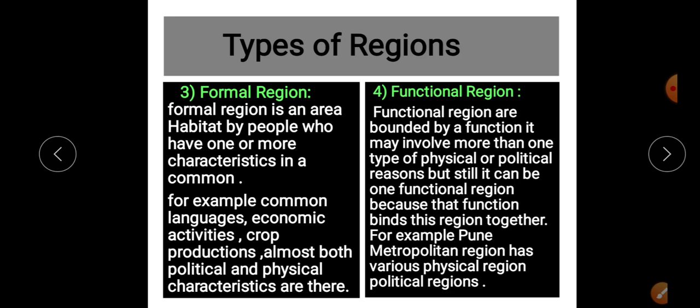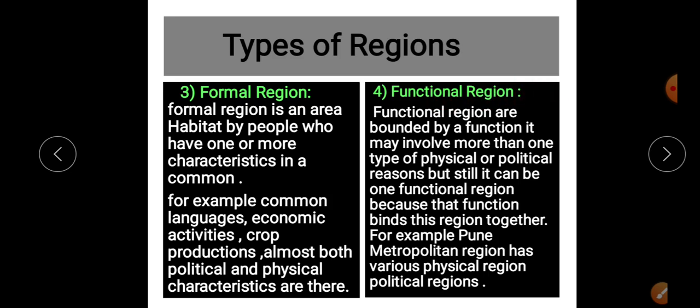So we say Maharashtra is one of the formal regions. Maharashtra state is a formal region. So when we develop any formal region, at that time there is a need for two or more characteristics to be the same in that region or area.